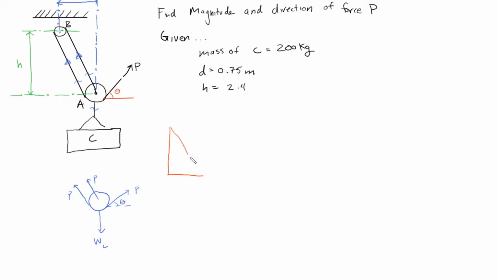We have that, and then this is H, and this is D. So we're looking for this angle, which we're going to call alpha. Alpha is simply the tan inverse, or arctangent, of H over D. And now we can define that. So this is alpha, and this is alpha.